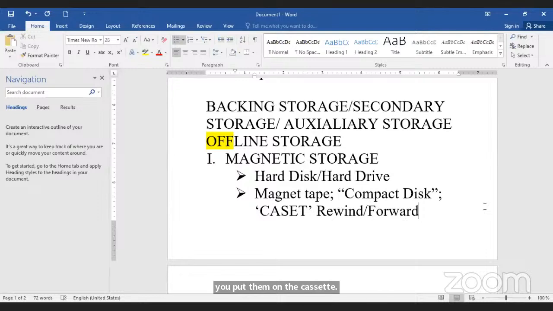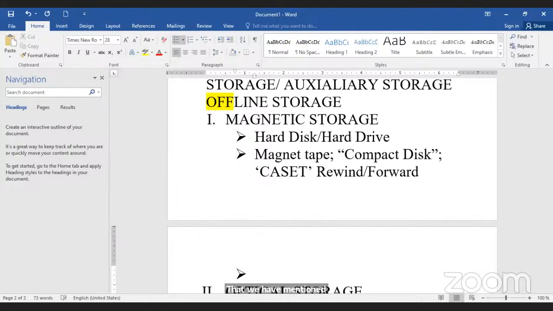Then you forward until you reach a particular section or segment of a song that you like. So they use what's called magnetism, and that is magnetic tape. So you have magnetic tapes that we have mentioned, we call them cassettes.